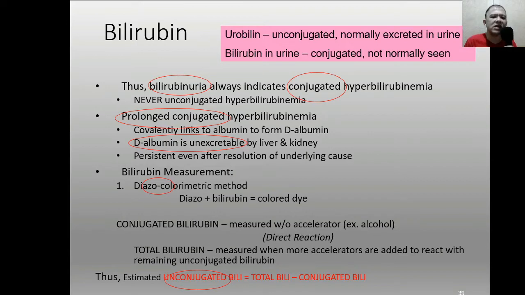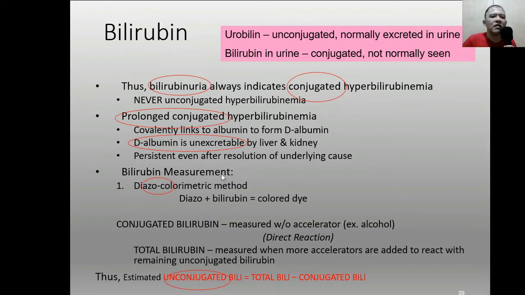It is unexcretable. So that is one condition of conjugated hyperbilirubinemia, but that is less common compared to what we have mentioned before.